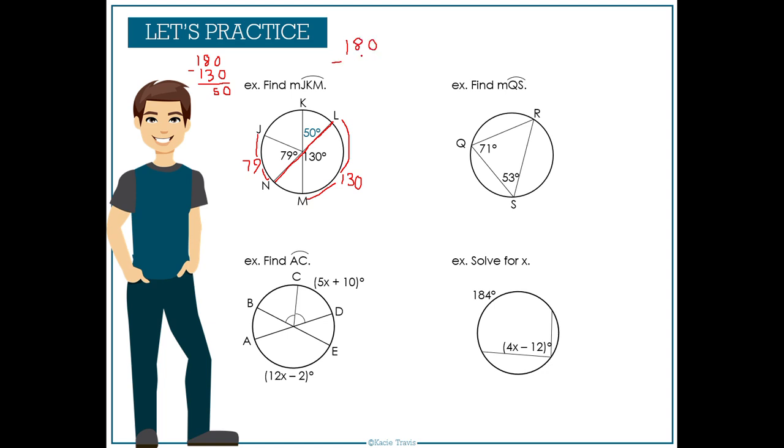If I take away that 50-degree angle, that gets me to 130. And if I take away that 79, let's go through and borrow, turn that to a 13, turn that to a 10, so we got to turn that to a 12. This should be 51 for this angle.